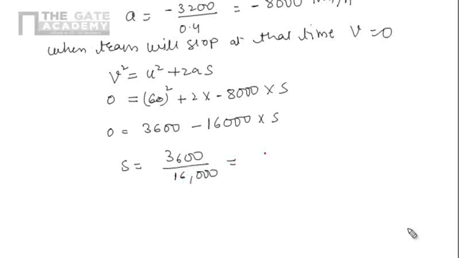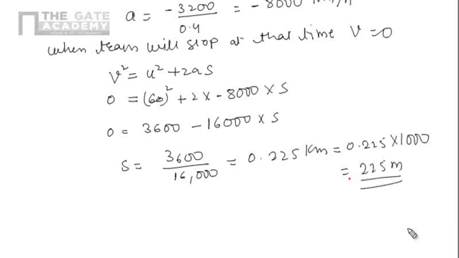So this value will come 0.225 kilometer, or if we multiply it with 1000, it will come 225 meter.